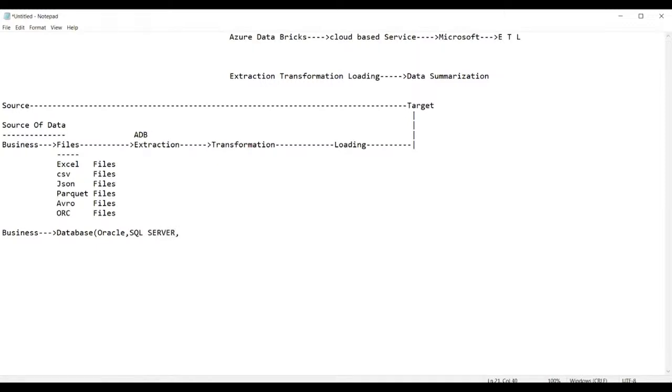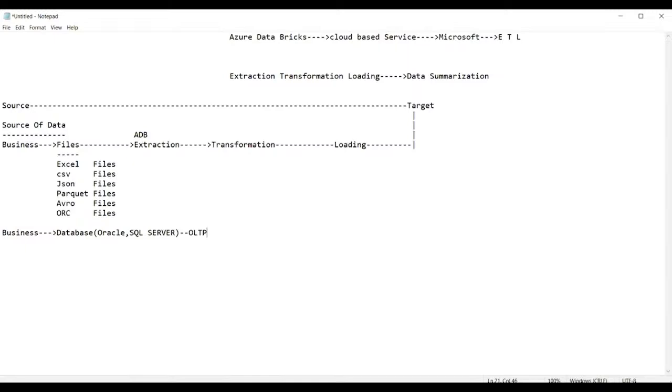It can be any type of database you have. When you receive the data from this kind of database, we say we have received the data from an OLTP system.